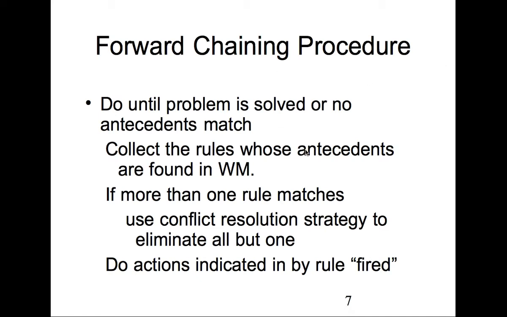So you can collect the rules through the antecedents that are found, and the rules are found in the working memory or in the database. If no rules match, then use a conflict resolution strategy to eliminate all but one of them. Which means you might come back and say, well, find me the best Chinese food restaurant in Santa Clara County. The best one? Okay, and she comes back and says, well, there's two of them here, but you want the best one.